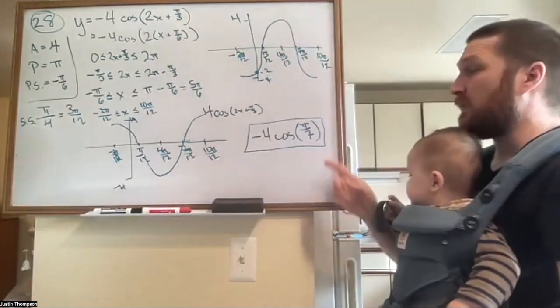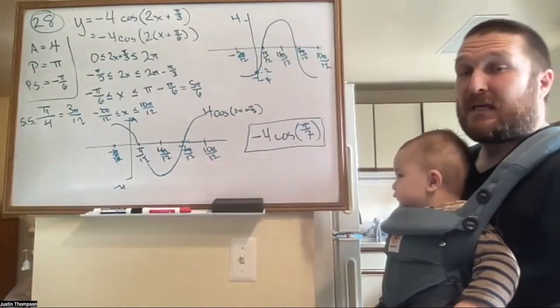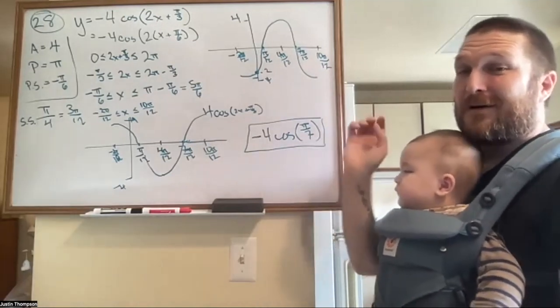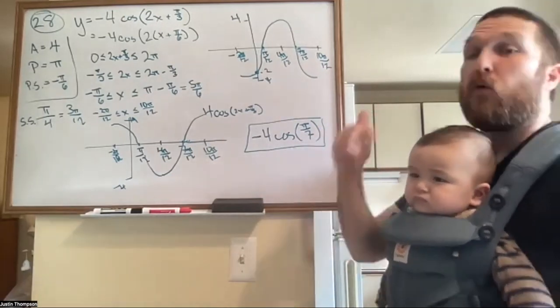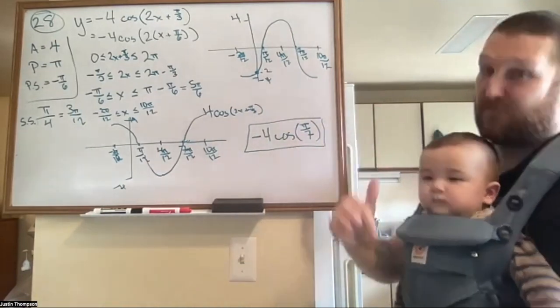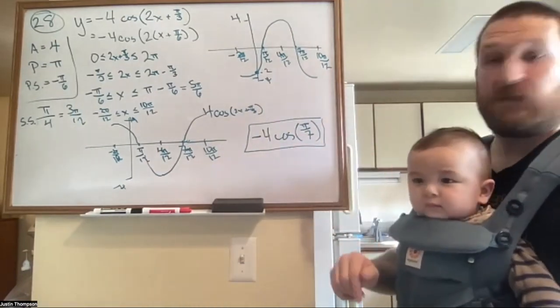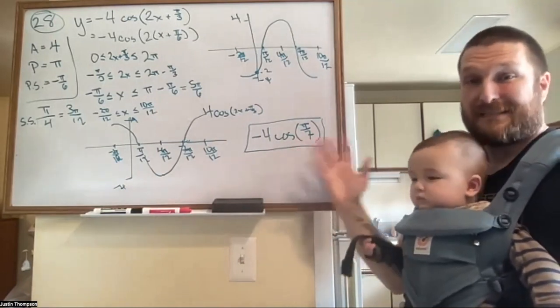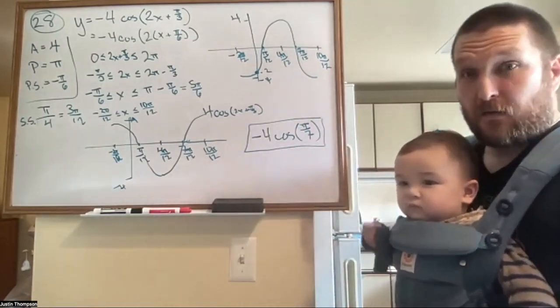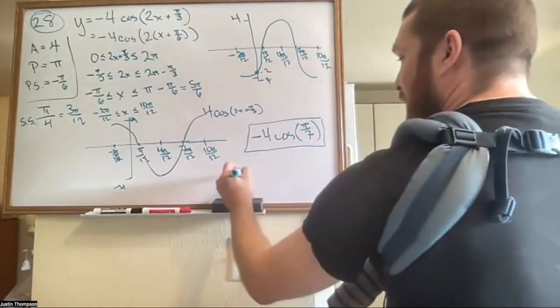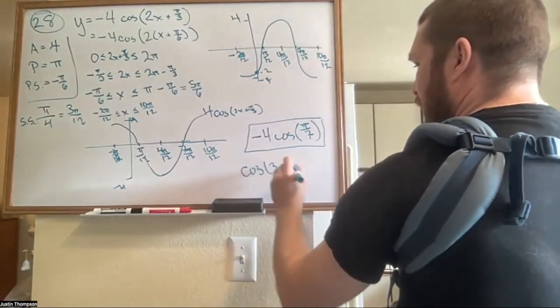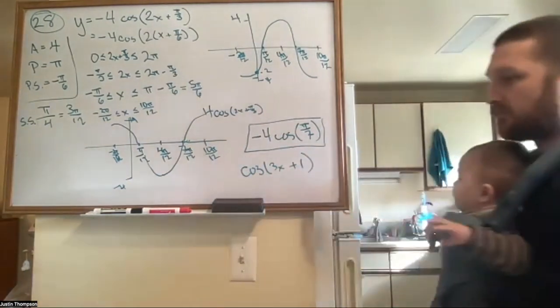If it's one that you don't know how to deal with, in other words, if it's not like a multiple of pi or a multiple of pi over 2 or over 3 or over 4 or over 6, then this is a perfectly good answer. This is an exact answer. Ditto if it happens to be something like cosine of 3x plus 1.